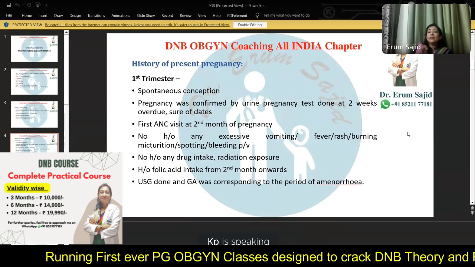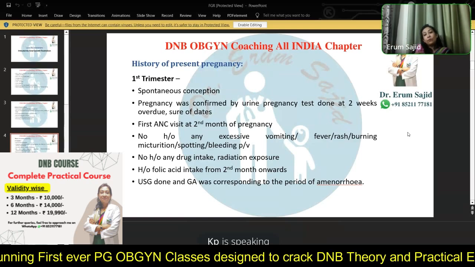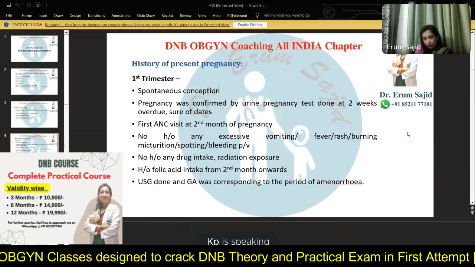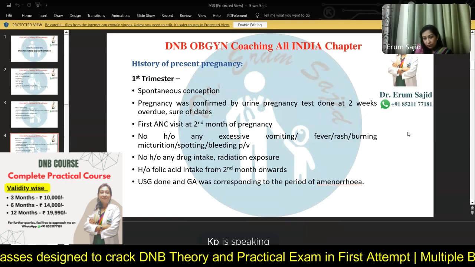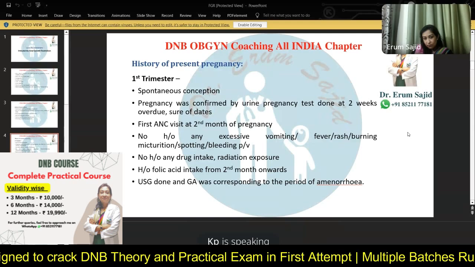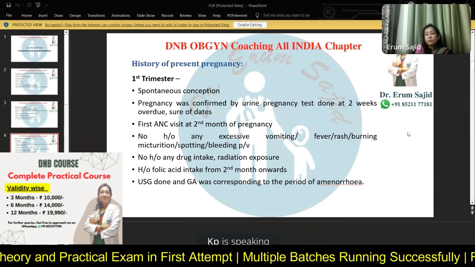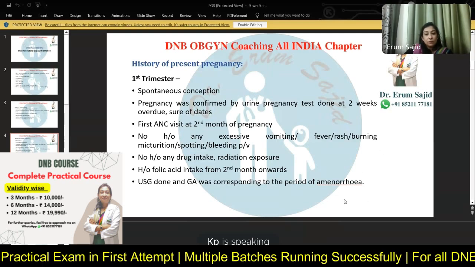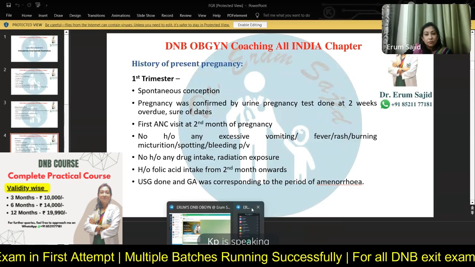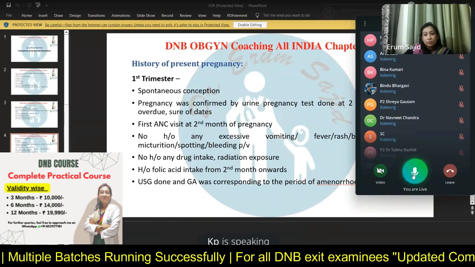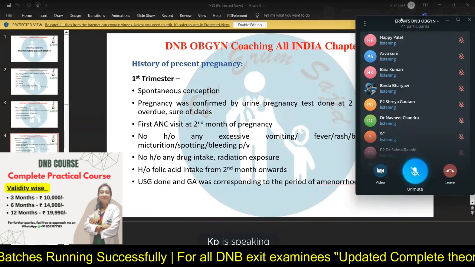She came for her first ANC in the 2nd month of pregnancy. There is no history of any excessive vomiting, fever with rash, burning micturition, spotting or bleeding per vaginum. There is no history of any drug intake or radiation exposure. She was taking folic acid regularly from 2nd month onwards. Her ultrasound during first trimester was fine. There was no abnormality detected.